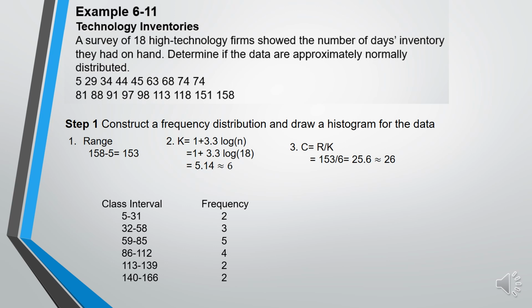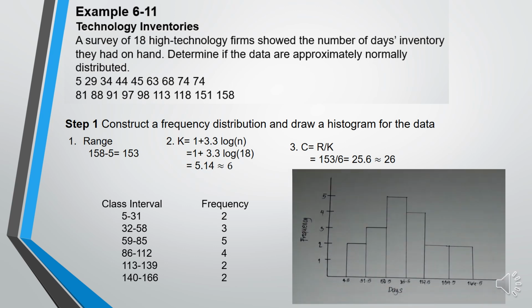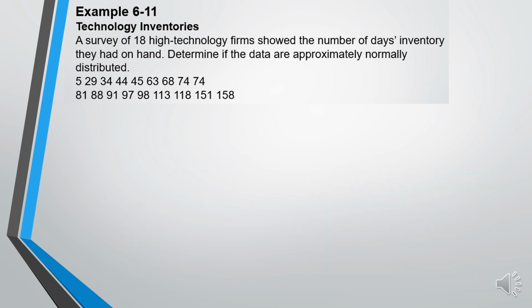Now that we have a frequency distribution, we can use this to draw a histogram for the data. So this is the histogram for the data based on the frequency distribution. Since the histogram is approximately bell-shaped, we can say that the distribution is approximately normal.